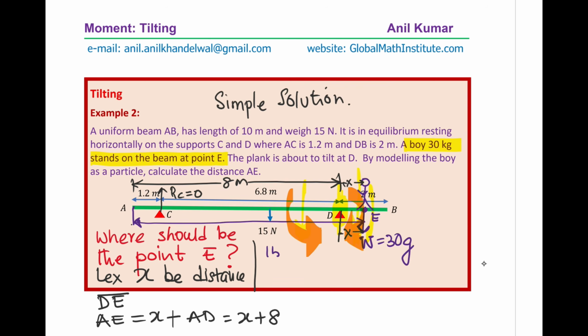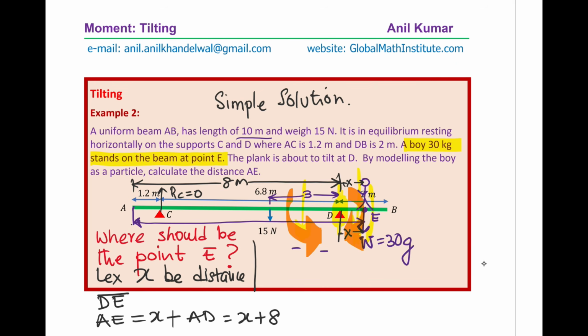So 15 into the distance from the center to D. Now the total length is 10 meters, and this is 2 meters, and therefore from the center, 5 minus 2, this is 3 units, correct? So 3 plus 2 is 5, and so this is 5 meters. And on the right side, we have 30.